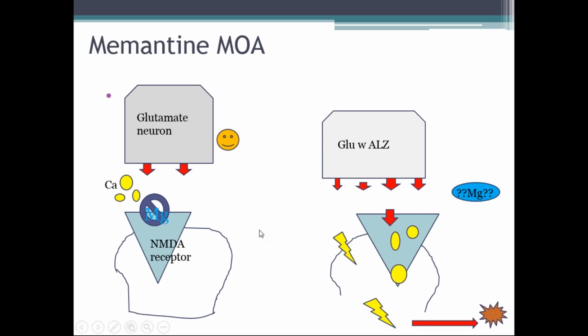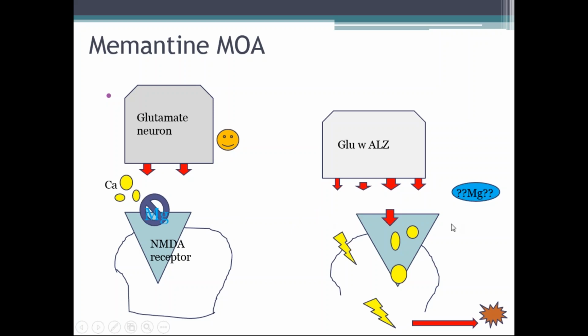I did this myself, as I'm sure you can tell. Here is my version of Stahl's picture. Typically, you've got a glutamate neuron. It would land on this receptor, but there's some magnesium there. So, okay, not a problem. For whatever reason, in Alzheimer's disease, there is excess glutamate released, sufficient to overpower that magnesium.